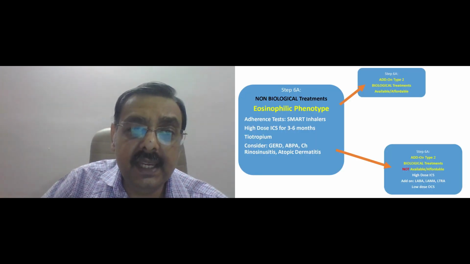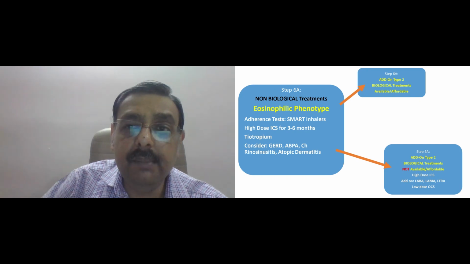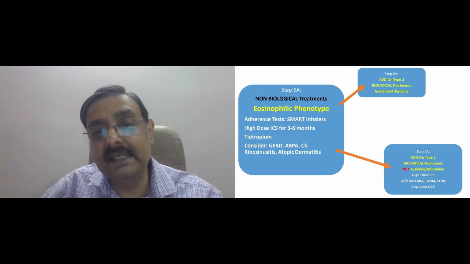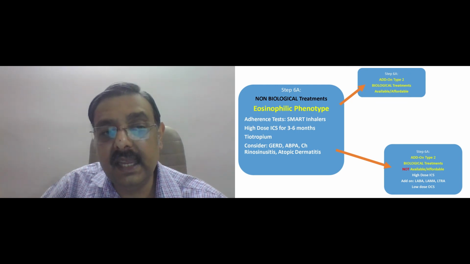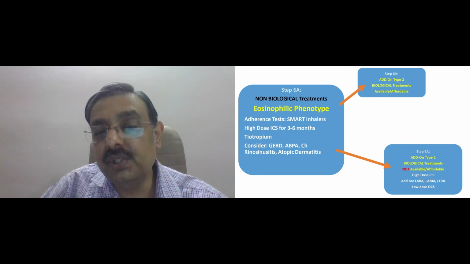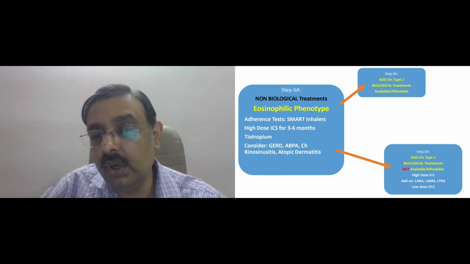So, if you have an eosinophilic phenotype, consider doing a step up. The step up at 6A would be biological treatments if they are available and affordable.